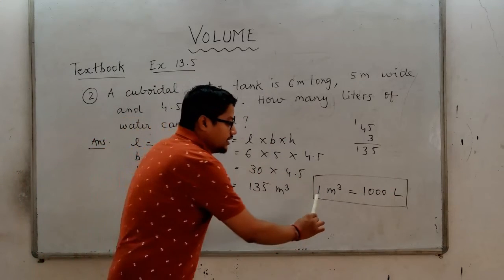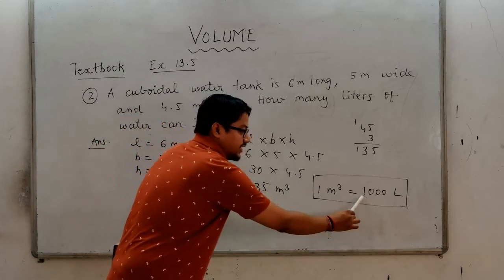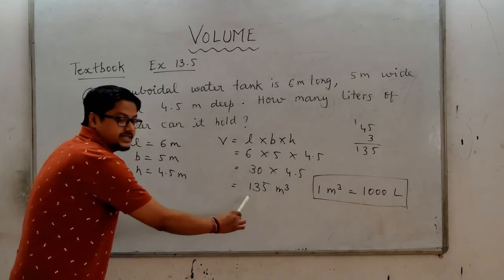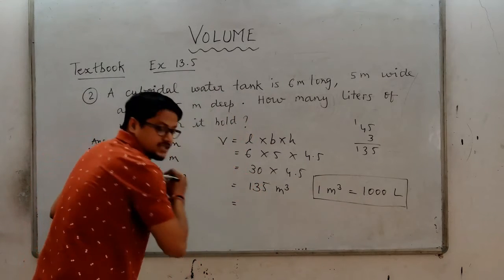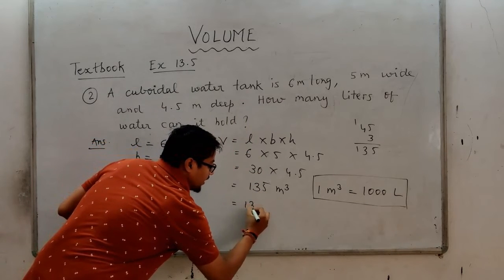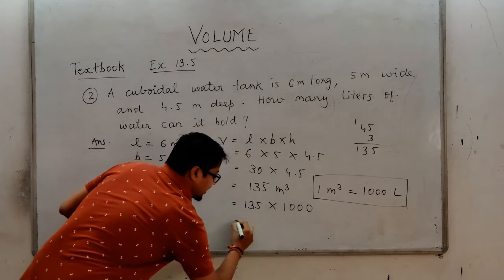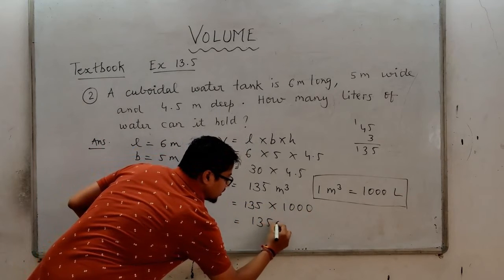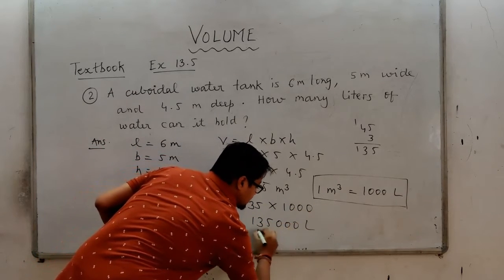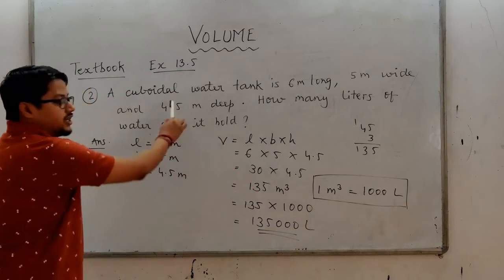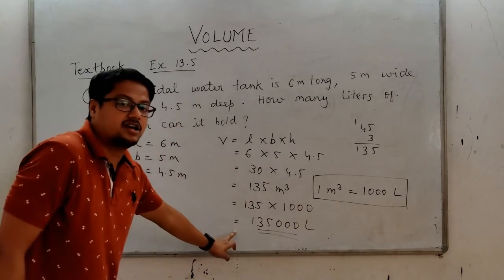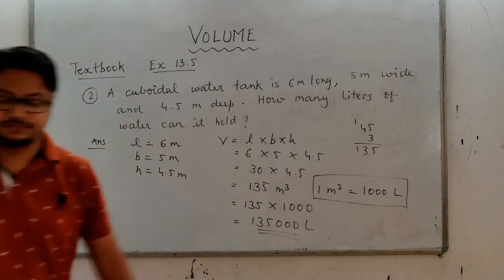As 1 meter cube is equal to 1000 liters, and whatever answer we have obtained is in meter cube, to find the answer in liters, we will multiply 135 into 1000. So what we are getting? 1,35,000 liters. Our final answer would be the water tank can hold up to 1,35,000 liters of water.